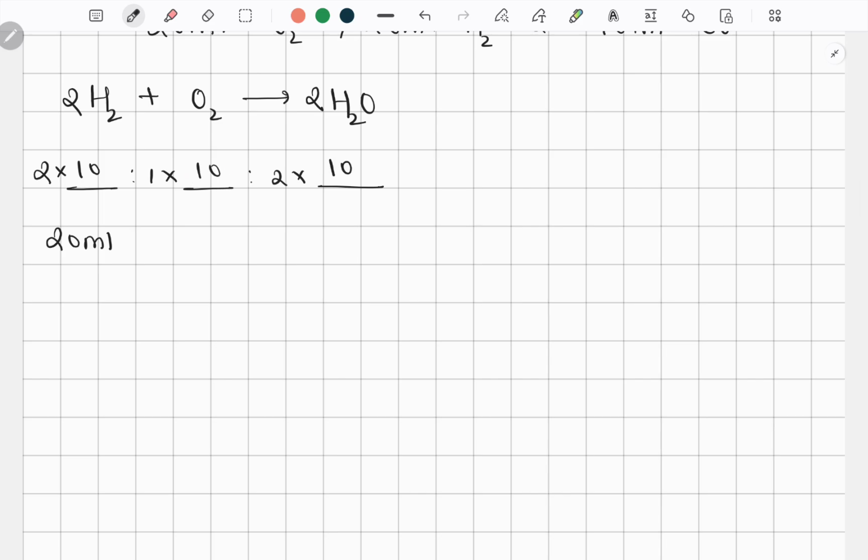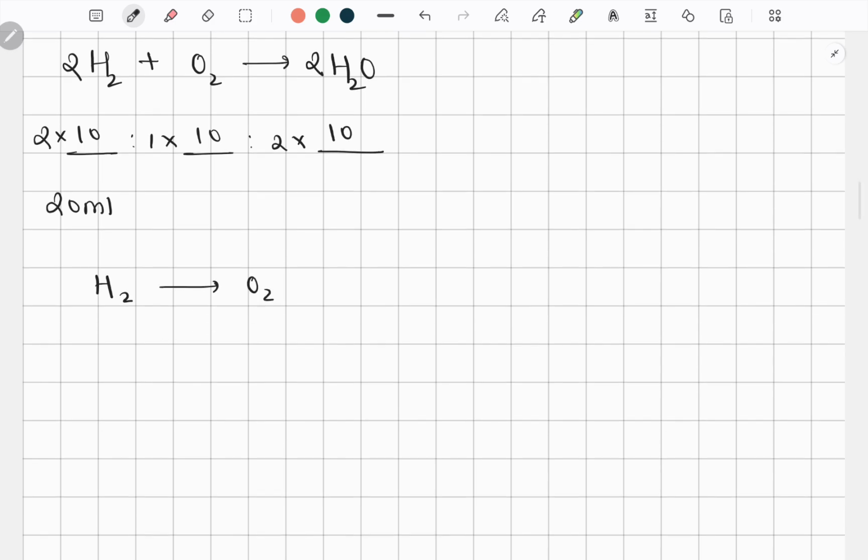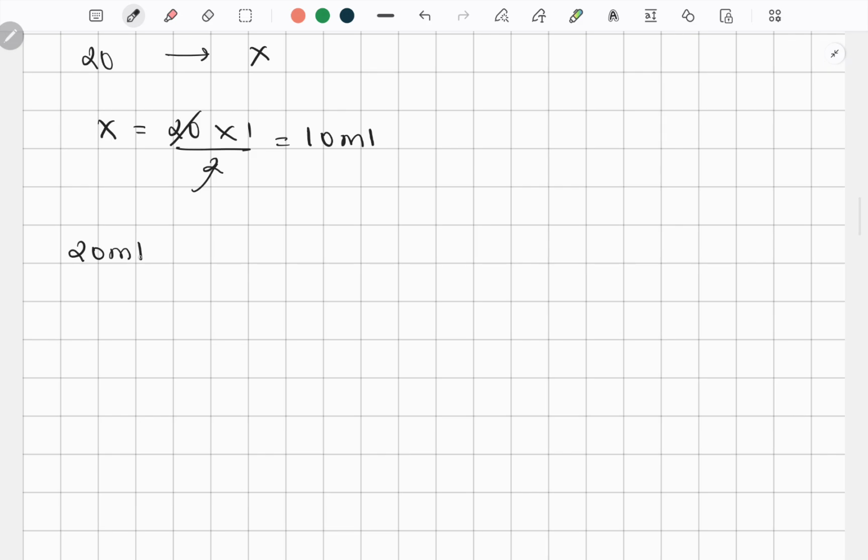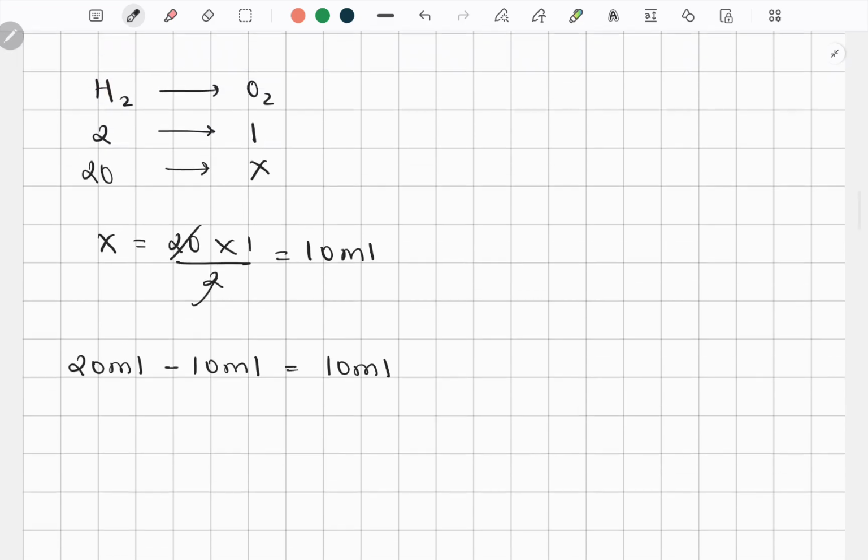If 2 volumes of hydrogen react with 1 volume of oxygen, then 20 volumes of hydrogen would require X. Then X will be 20 into 1 divided by 2, which is 10 ml. So for this reaction 10 ml of oxygen would be required. We had 20 ml of oxygen overall; subtracting 10 ml, the remaining is 10 ml.